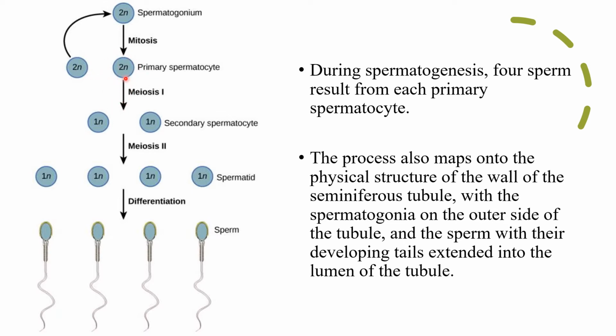These primary spermatocytes will then be divided into two cells during meiosis 1, and after meiosis 2 it will give you 4 identical spermatids, which will differentiate into 4 mature sperm cells.